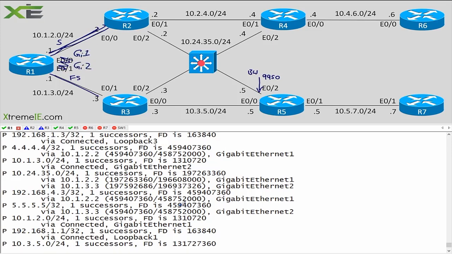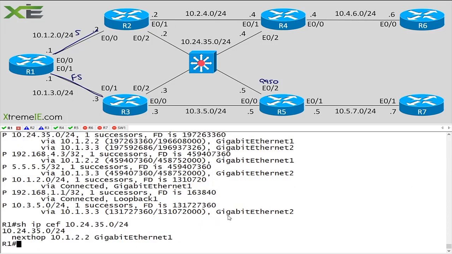So when we look at this here, this is our successor, and this here should be our feasible successor. And you can see the IP addresses here. This is router 3, this is router 2. So now that we've made that bandwidth 9950, we have this guy as our feasible successor, and this guy here is our successor. What happens if we lose the successor? Well, now we have to go ahead and again recalculate that metric to the feasible successor. This is where fast reroute comes in.